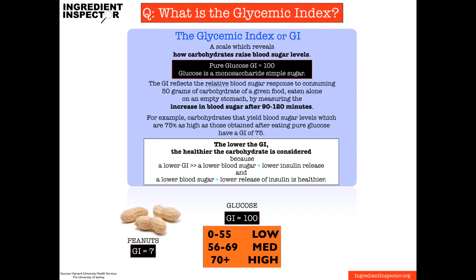For perspective, peanuts have a glycemic index of 7, and a russet baked potato has a glycemic index of 111. So a potato has a greater effect on our blood sugar levels than pure glucose. It's over 100. It's very high at 111.